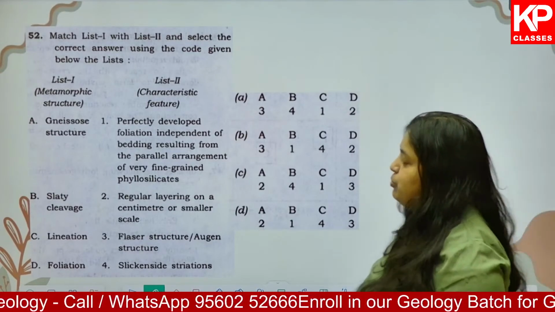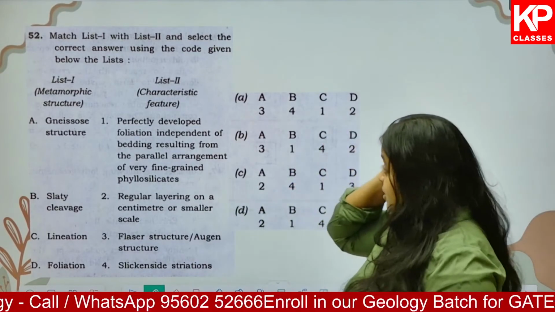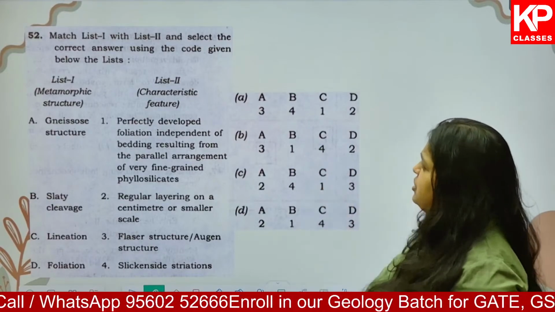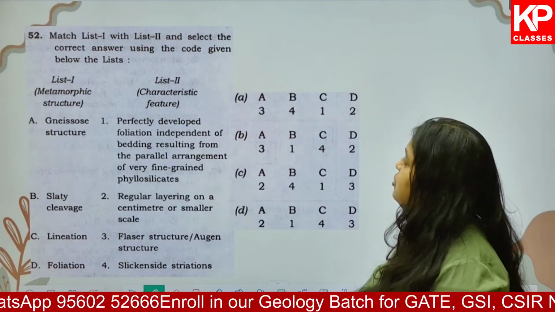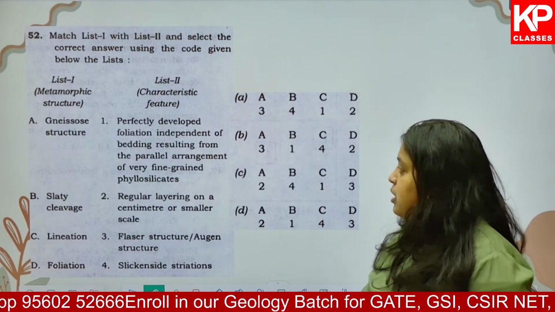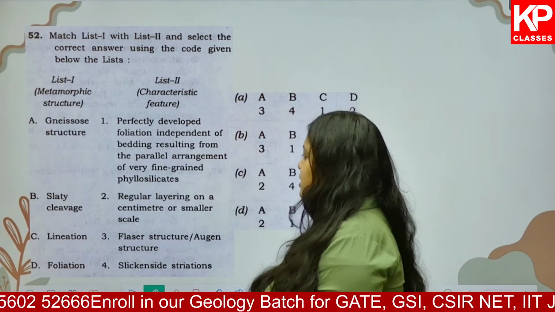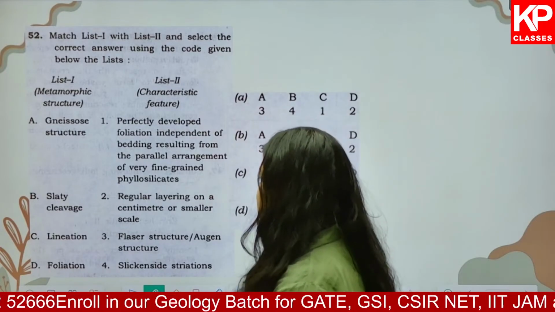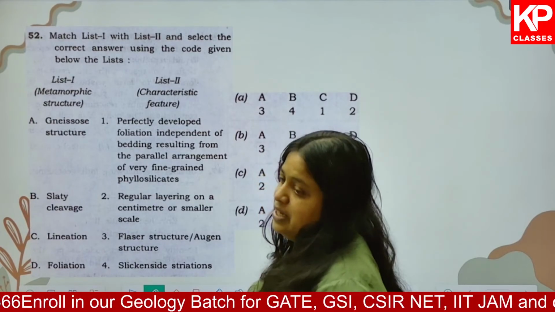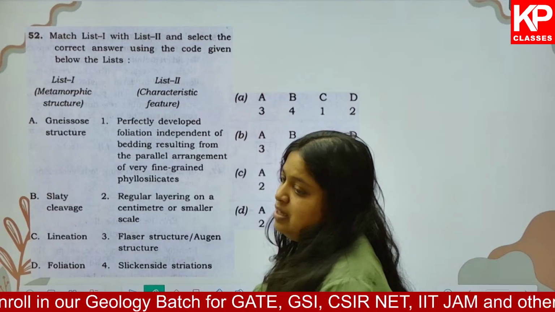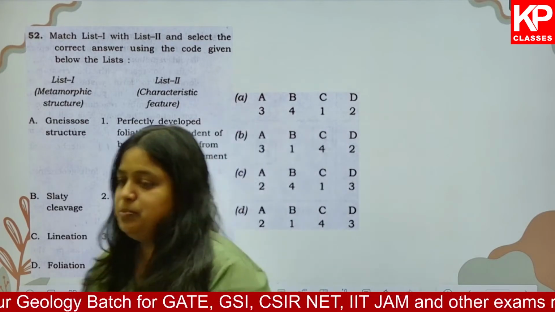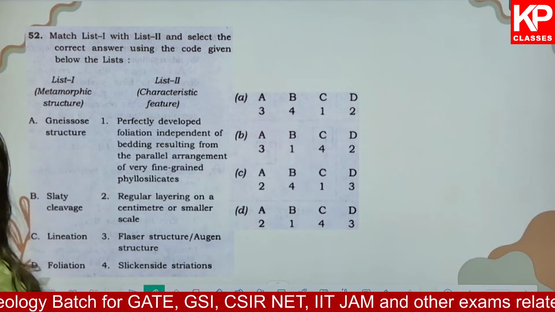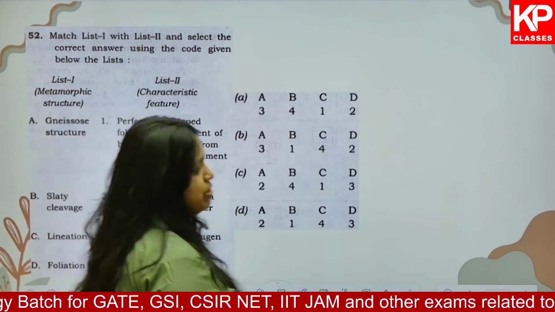Again, this is a metamorphic question, 2022 paper. Match list 1 with list 2 and select the correct answer using the code given below. Metamorphic structures and their characteristics are given over here. This is actually a very easy question. I hope you might have got the answer already.